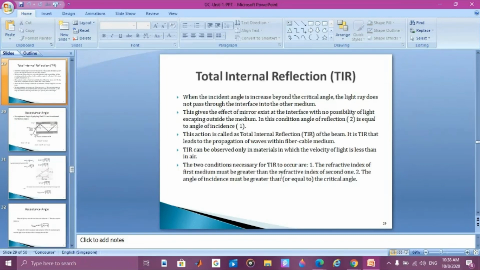Second, the angle of incidence must be greater than or equal to the critical angle. So phi 1 is equal to phi c or phi 1 is greater than phi c.